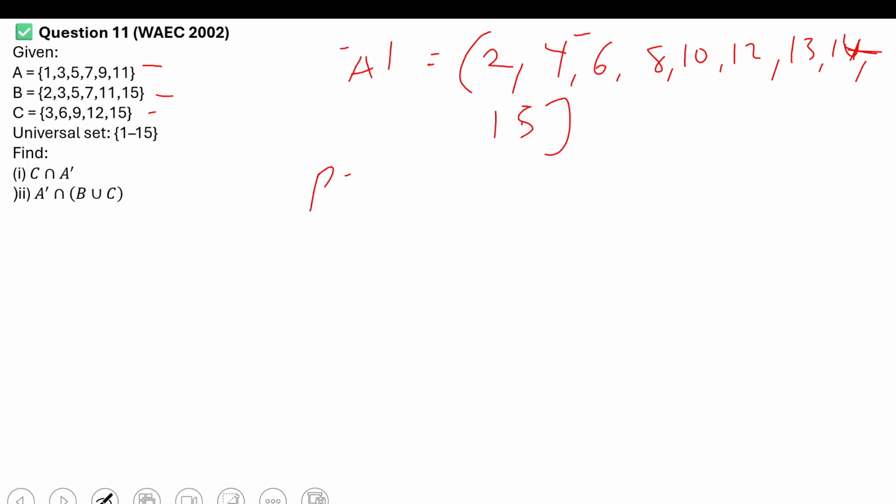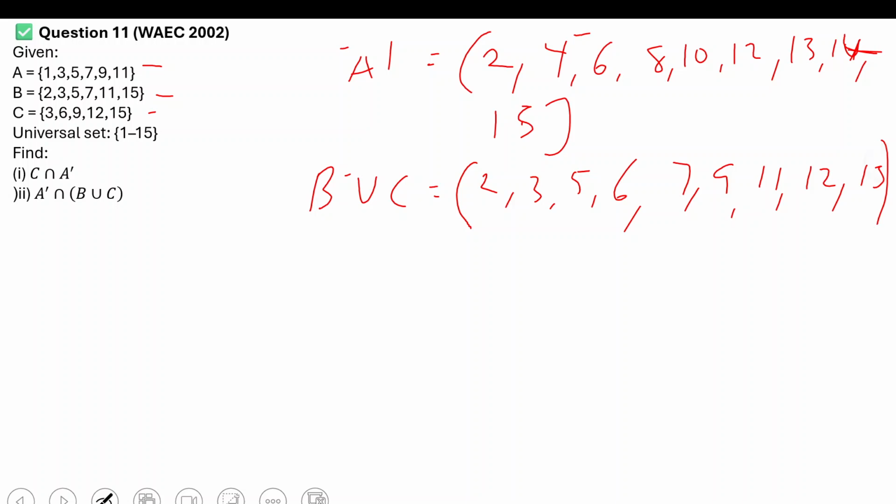So, B union, sorry, C is what is in B and C together. So I have 2 and 3 and 5 and 6 and 7, 9 and 11 and 12, then 15. So the question is A prime intersects B union C. I want to find their intersection, right?